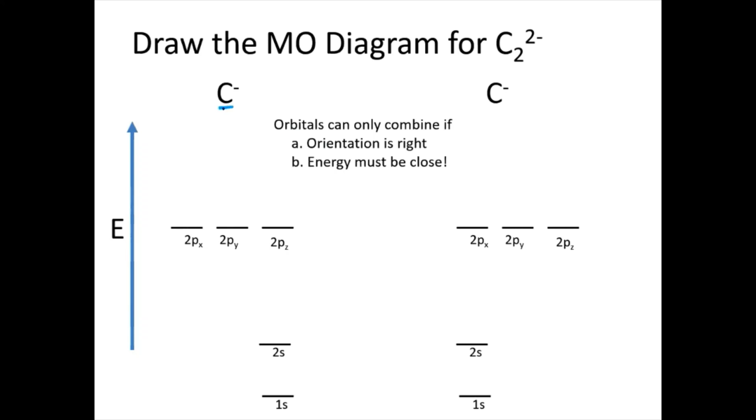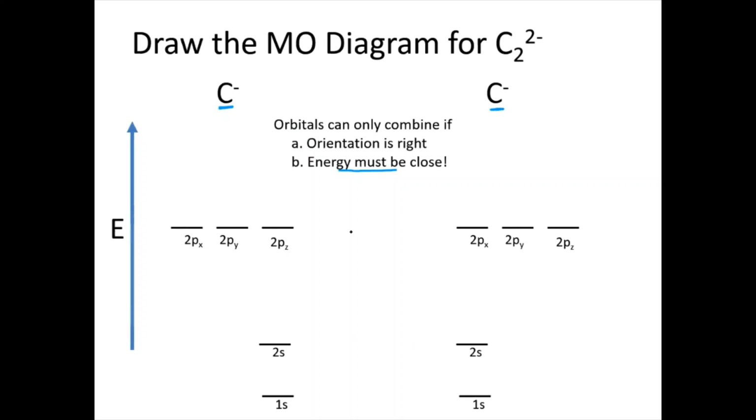because these 2 are exactly the same, I've put my orbitals in here at the exact same energy. So here's my energy, must be close. When I'm looking at these, the s orbitals have the same energy and the p orbitals have the same energy.